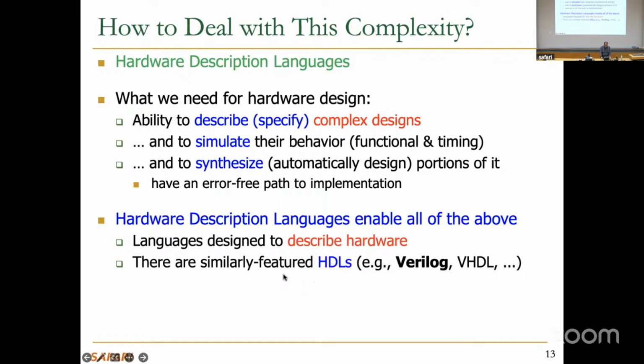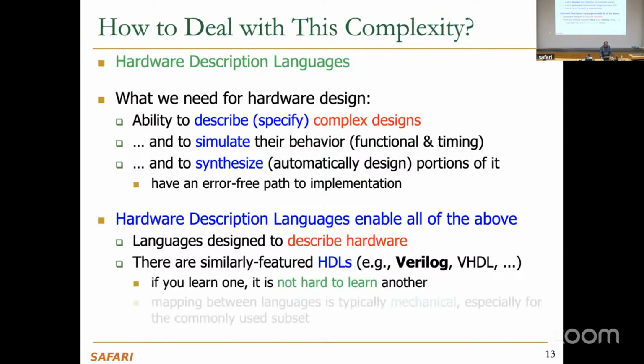We have different versions, called HDLs, but Verilog and VHDL are the most common. Both of them are useful, but in this course we're going to learn Verilog. And of course, if you learn one, it's not hard to learn the other.